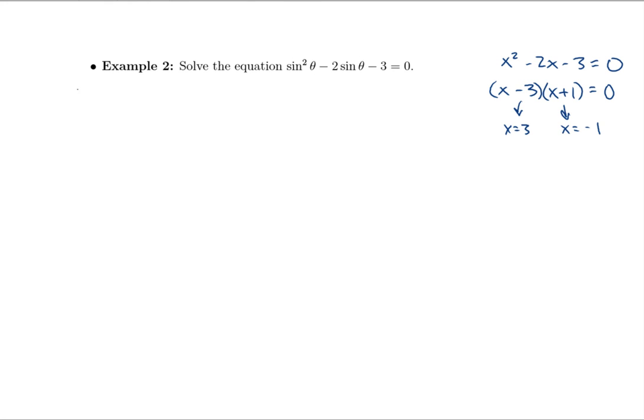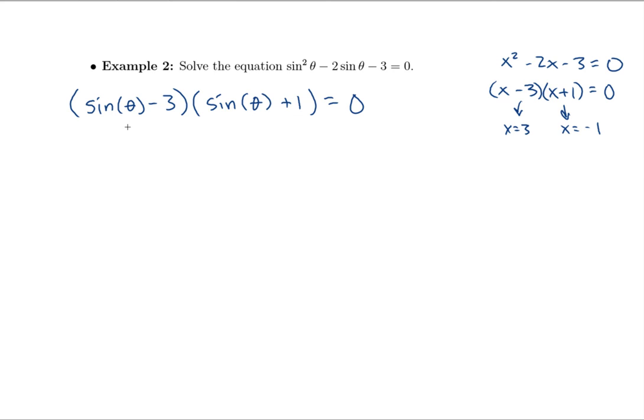So I could factor this as sine theta minus 3 times the sine of theta plus 1. And then I could test what I just did there. Sine times sine is sine squared. The outside, sine times 1, plus the inside, -3 times sine, gives me -2 sine. And then -3 times +1 is -3.